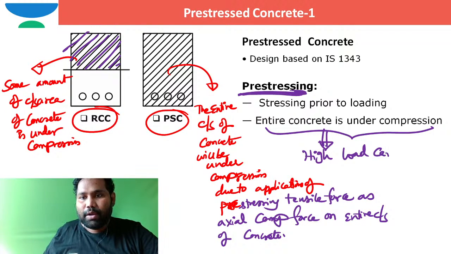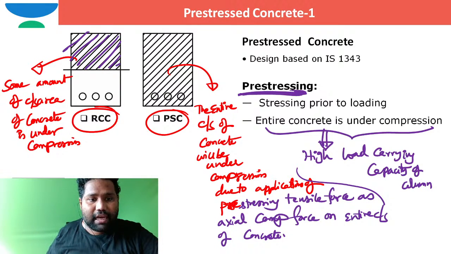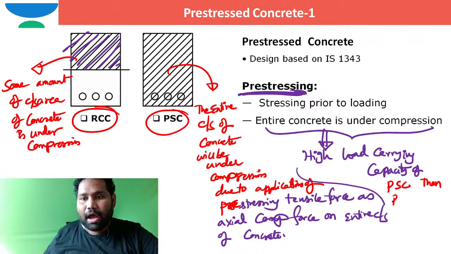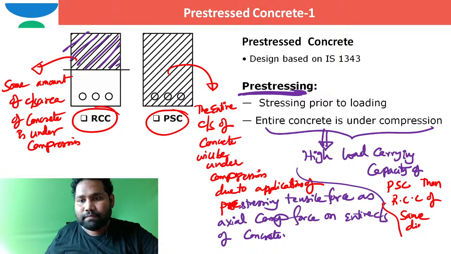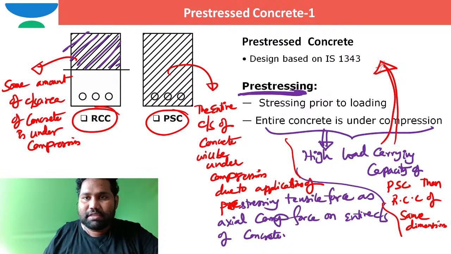So high load carrying capacity of element, or a high load carrying capacity of pre-stressed concrete than RCC of same dimension. Why so? Why high load carrying capacity? As the area of the concrete has increased, then obviously the developing stresses will be less.